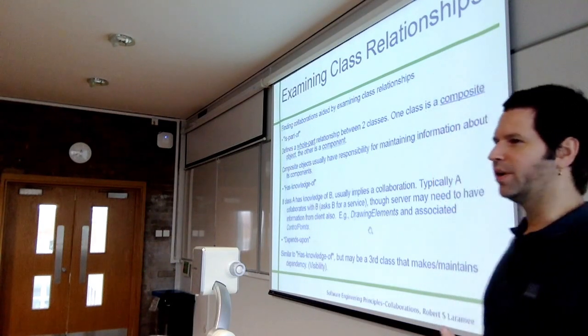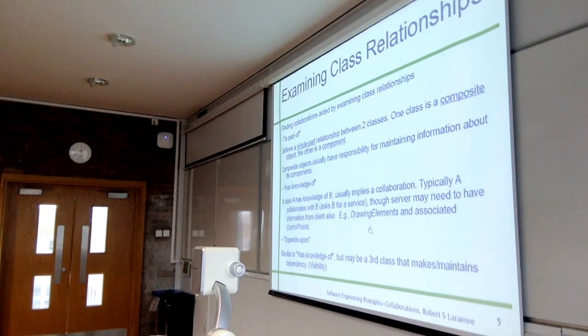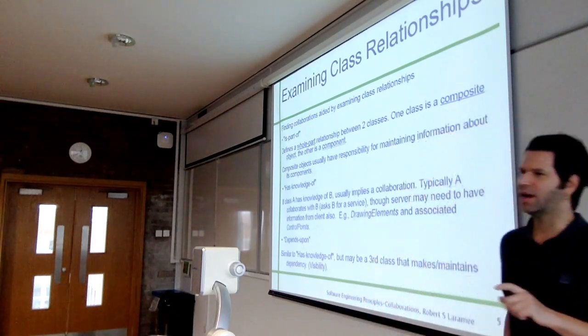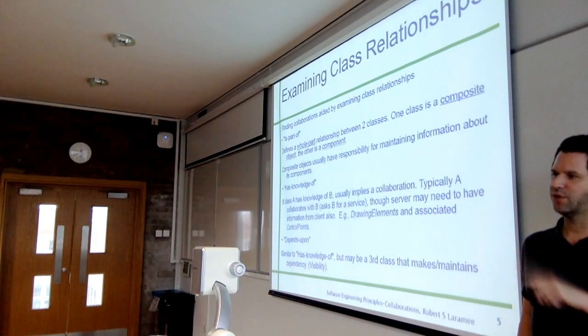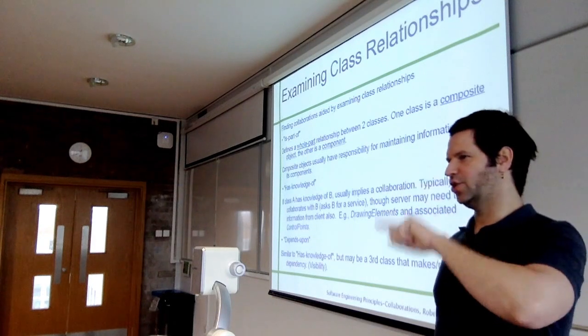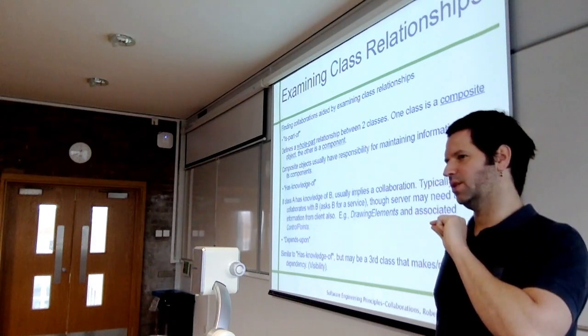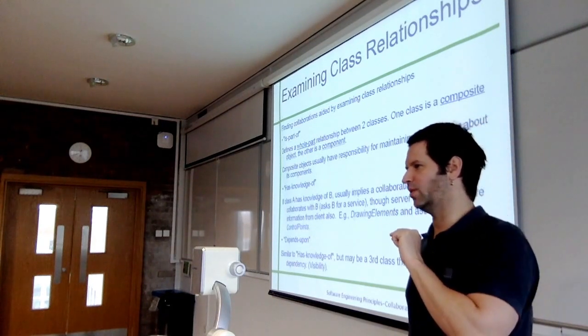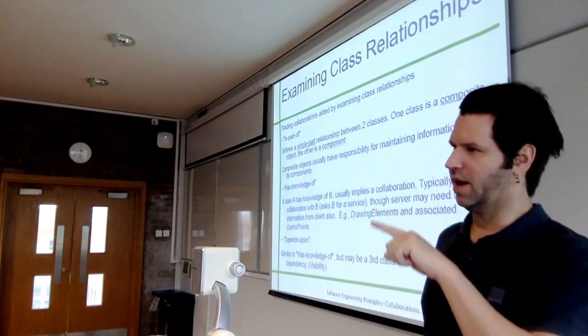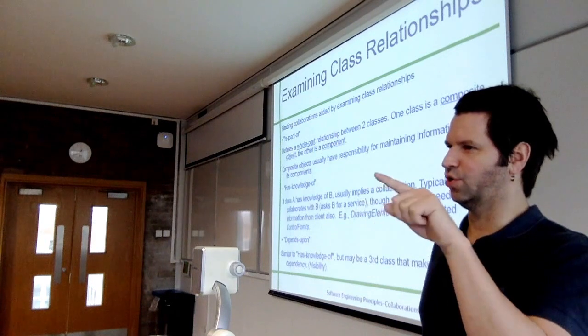Right, all the drawing elements like lines and rectangles and triangles and shapes, they all have control points or the vertices. Right, every line edge has two vertices at the end, which are also called control points. So a drawing element has to know about its own control points.